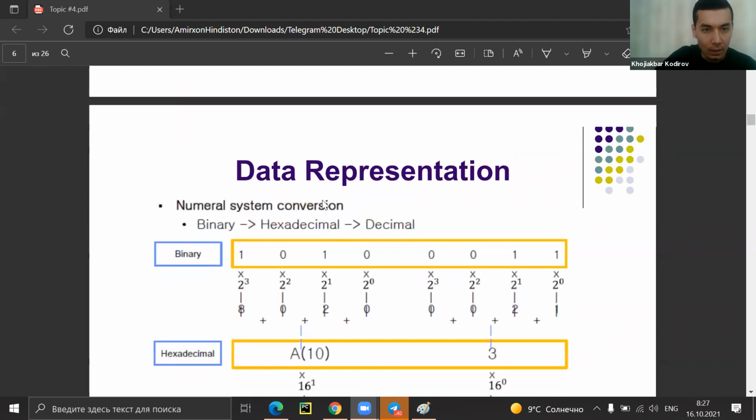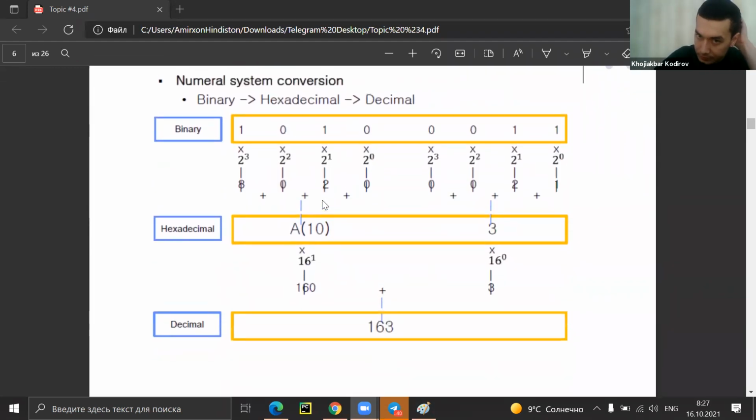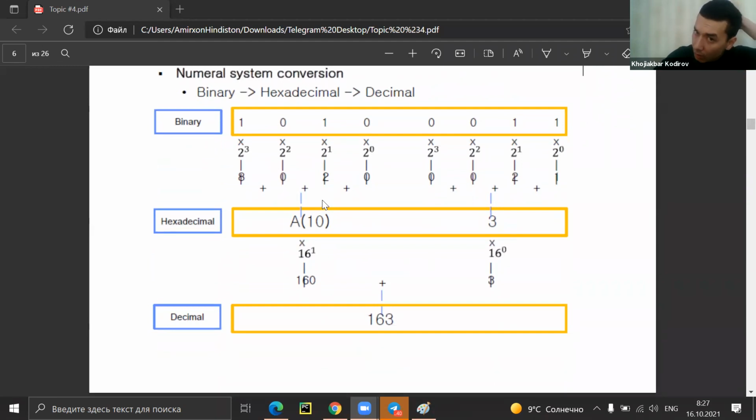Then let's talk about how to turn numbers to hexadecimal. Here we're doing the same thing again. While turning it into hexadecimal, I'm going to divide it, for example, the first number.